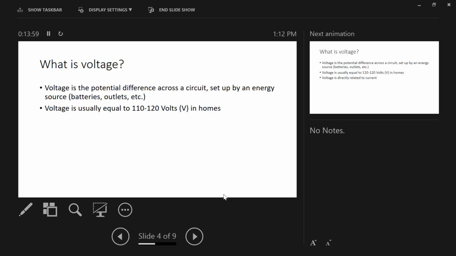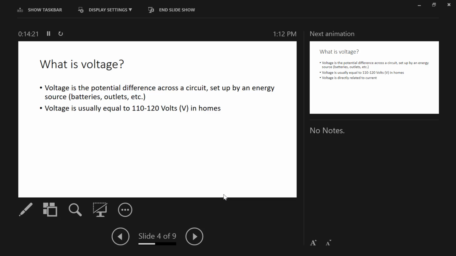Now, some of the bigger appliances, it's not a big enough potential difference, and you need more encouragement of electricity to move because you have a greater demand. So you need maybe a 220 line to run a major electrical appliance, like an electric dryer or a hot tub. Right? Not like a blender.